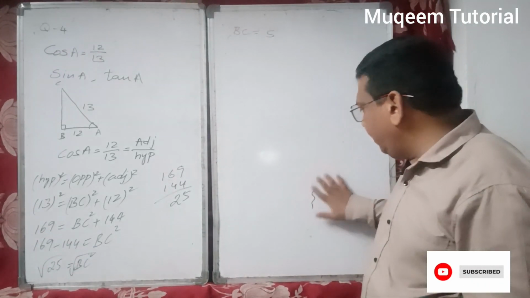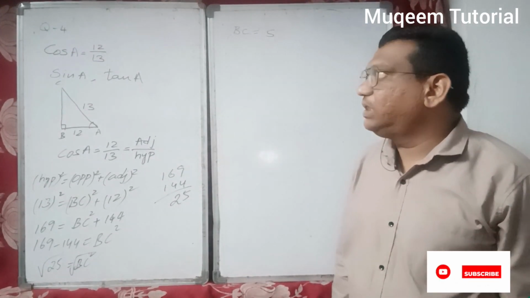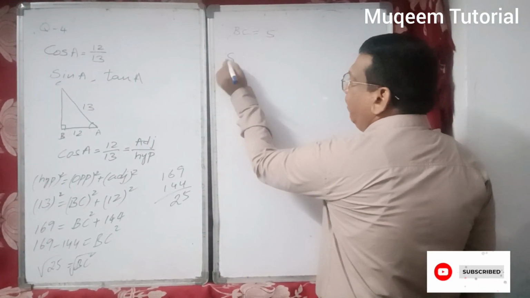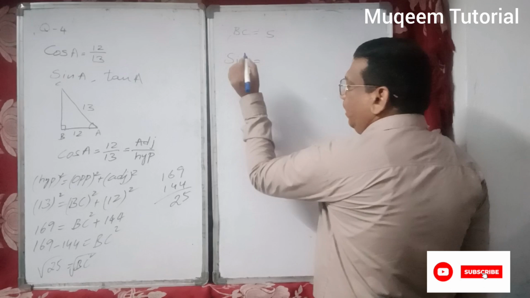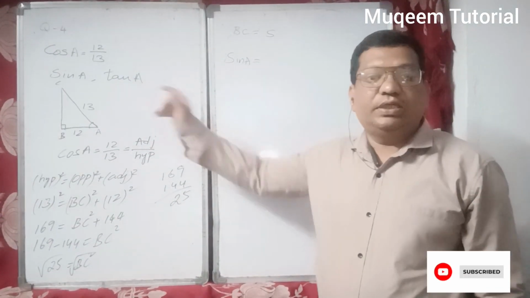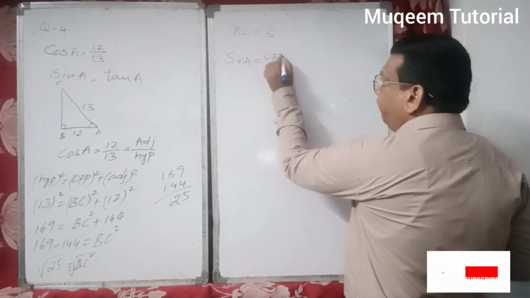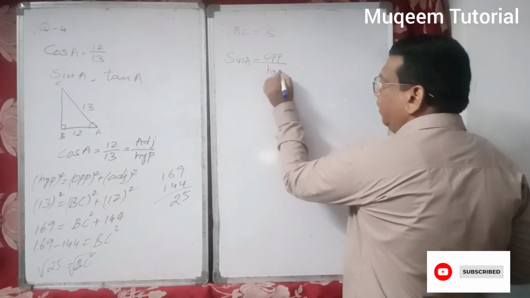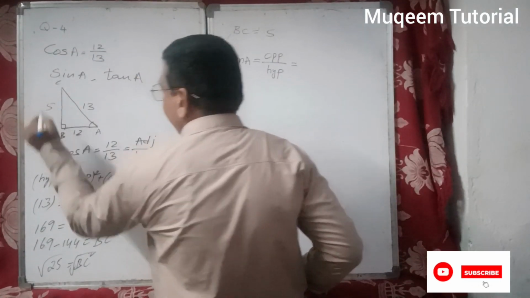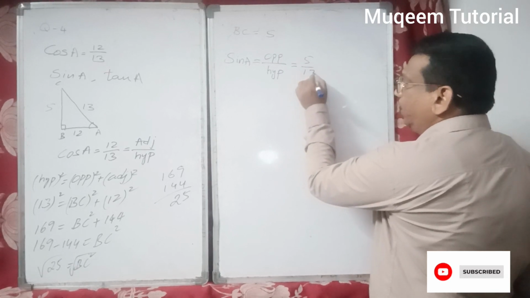Now we can find anything. But here it is asked sin A and tan A. Sin A is equal to opposite by hypotenuse. Opposite is 5 and hypotenuse is 13.